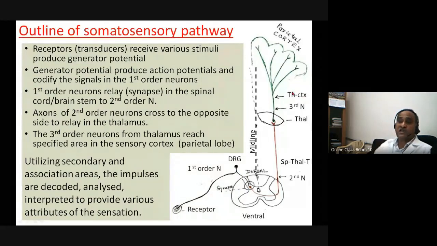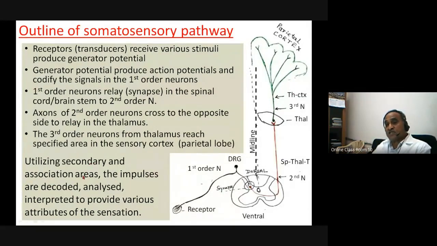Each one of these sensory modalities has a primary area, followed by secondary areas, and then association areas. Secondary areas and association areas help to analyze the sensory modality which has been detected, because they are essential for decoding, analysis, interpretation, storage, and all other purposes of the sensation.